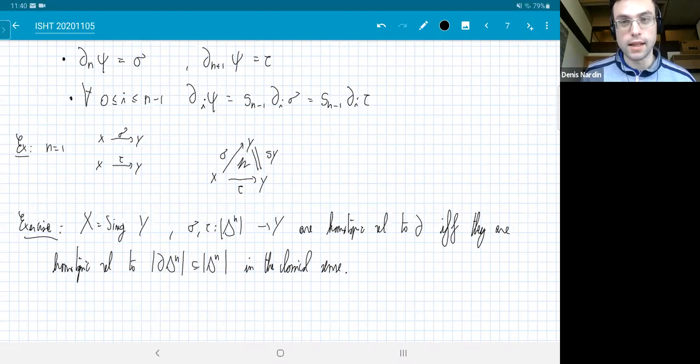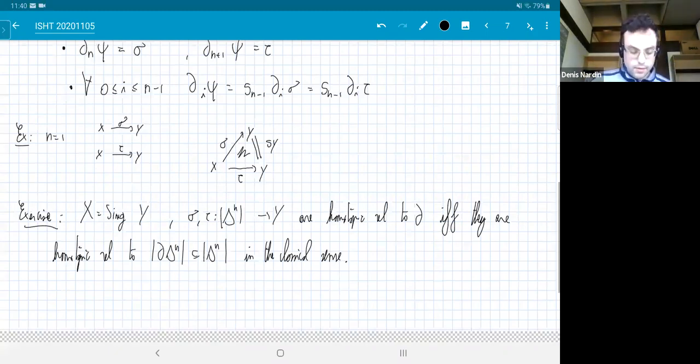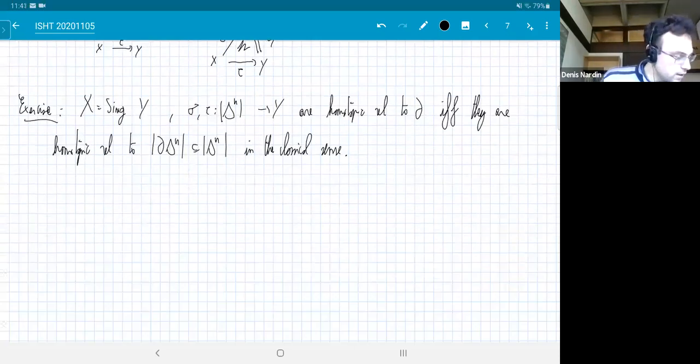So this notion is a generalization of the notion that we have.